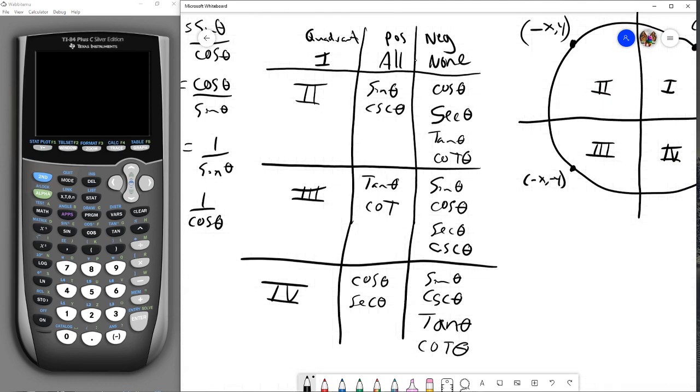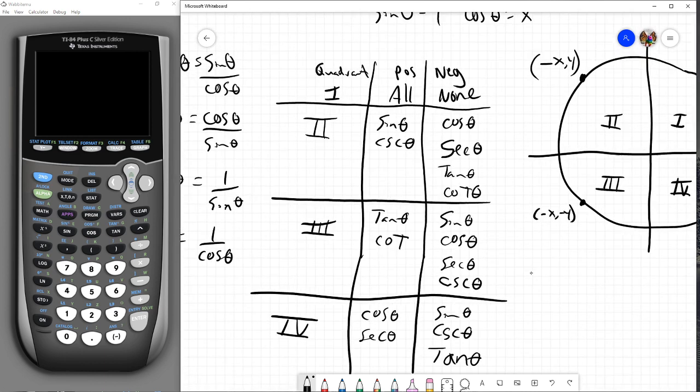So we can see how in quadrant 1, all are positive, none are negative, and then in the remaining 3 quadrants, it's either sine and cosecant, tangent and cotangent, or cosine and secant. Alright. Now, there's another set of properties that we are interested in.